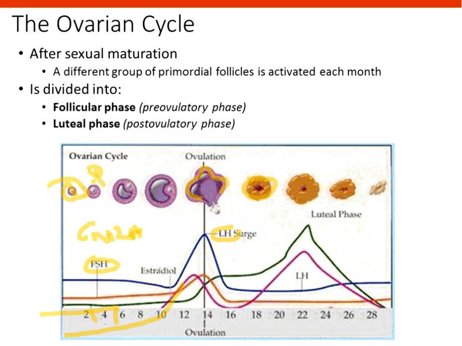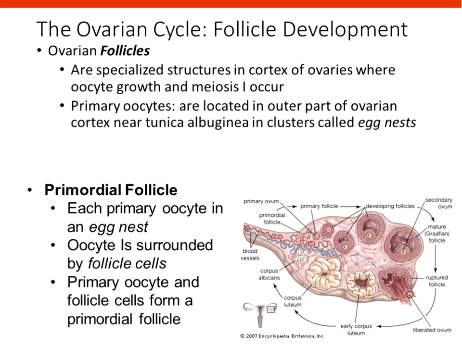So ovulation is the key point in the ovary cycle where we transition from making follicles and making potential gametes to making a pocket of cells that make the hormone progesterone and some estrogens to maintain the docking station for what will hopefully be a fertilized gamete, and that's the luteal phase.